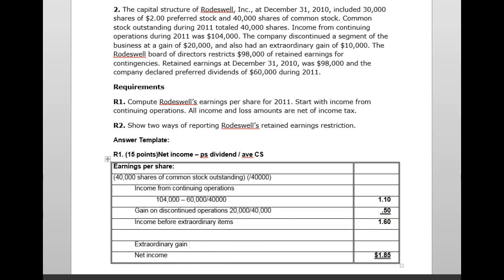Now we have an extraordinary gain to add on to there, which was $10,000. And we're going to divide that by 40,000. And that is going to be 25 cents. So, all told, put together, net income, we made $1.85 per share.